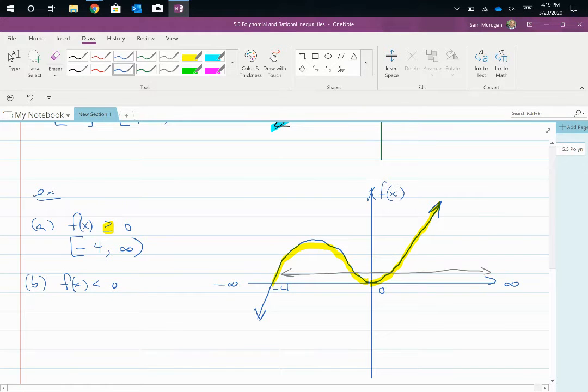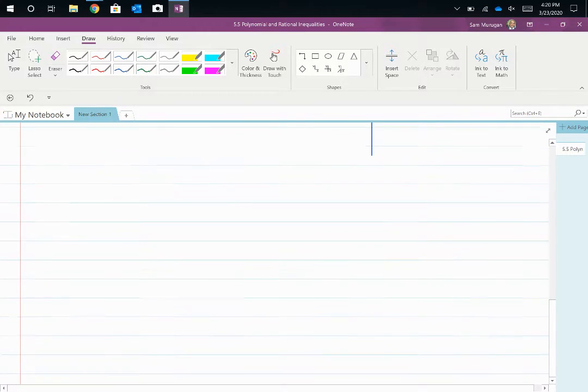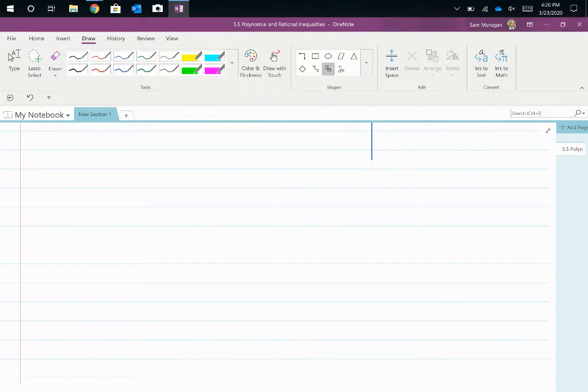And for less than 0, we're just considering the portion of the graph below, from negative infinity up to -4. Now, I want you to see that this could be distinctly different if the inequality did not involve an equal sign.